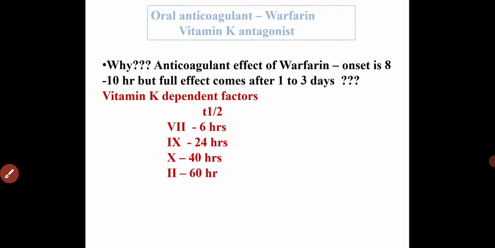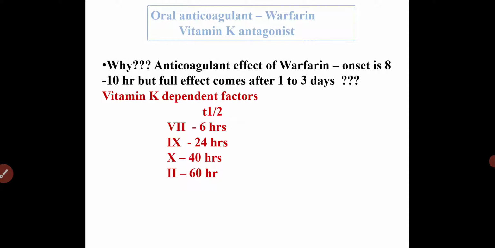Let's see the other effects related to warfarin as compared with heparin. Heparin's onset of action is in just minutes to hours, but with warfarin the anticoagulant effect onset is 8 to 10 hours, and the full effect comes after 1 to 3 days. Why does this occur?